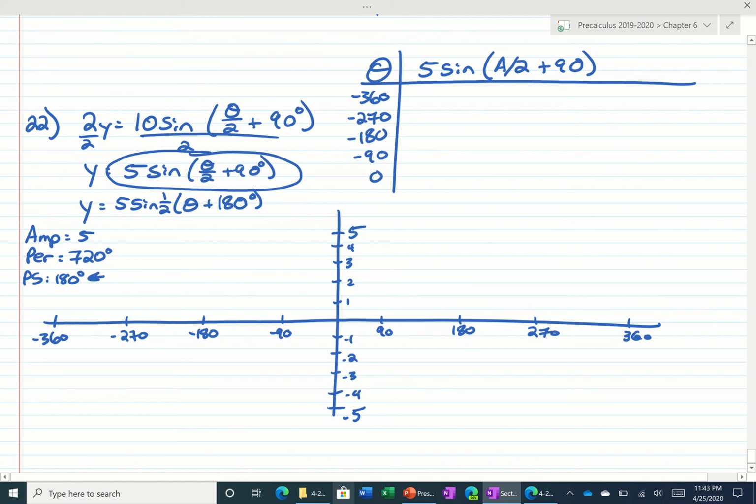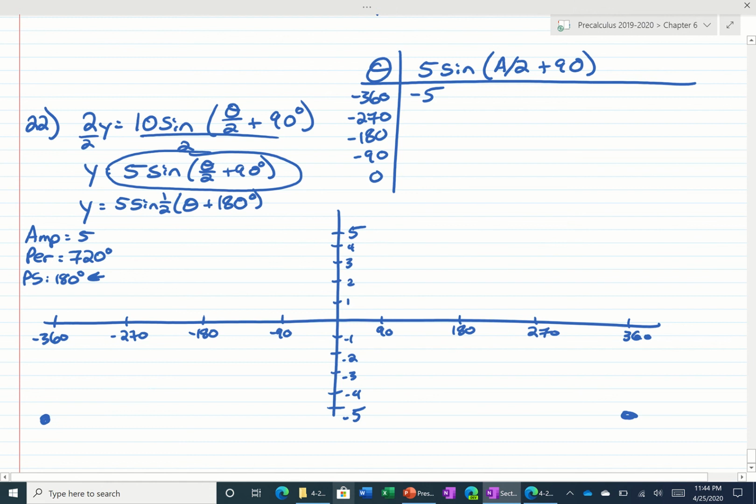So let's see what we get here. 5 times the sine of memory variable A divided by 2 plus 90. And when we use negative 360, I'm getting negative 5. And if the period is 720, it's going to be the same thing over here. Kind of have a feeling it's going to look something like this.